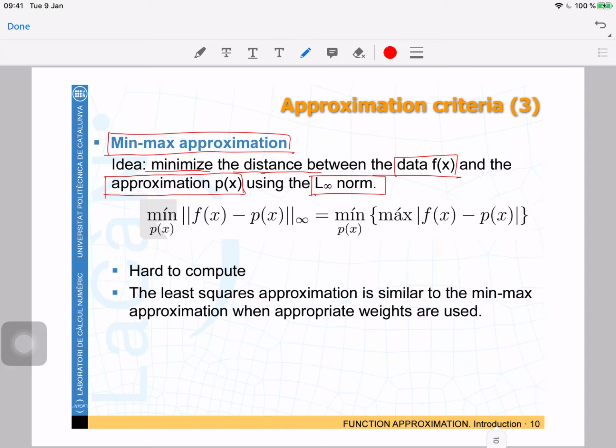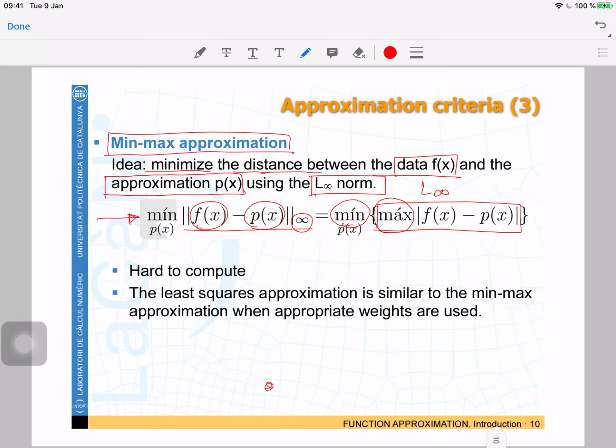So the minimization can be stated as this, and basically here we are minimizing the L infinity norm of the distance between f and p, and I recall that the L infinity norm is the maximum distance between f and p. Okay, and why do we call this approximation min-max? Because we are minimizing the maximum distance between f and p. This is why we call it min-max approximation.